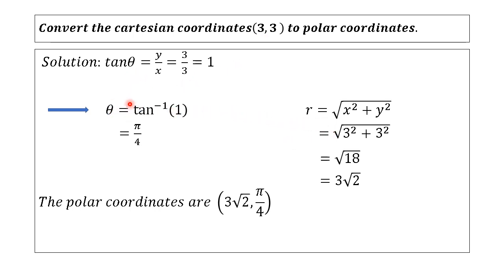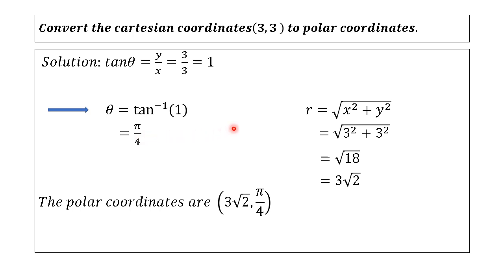Start by solving for theta using the tan function. Tan theta is equal to y by x. Here x is 3 and y is also 3. Therefore, this is equal to 1. Therefore, tan theta is equal to 1, or theta is equal to tan inverse of 1. Tan inverse of 1 means pi by 4, 45 degrees. Tan 45 degrees is 1. Therefore, tan inverse of 1 is pi by 4. Here theta is equal to pi by 4.